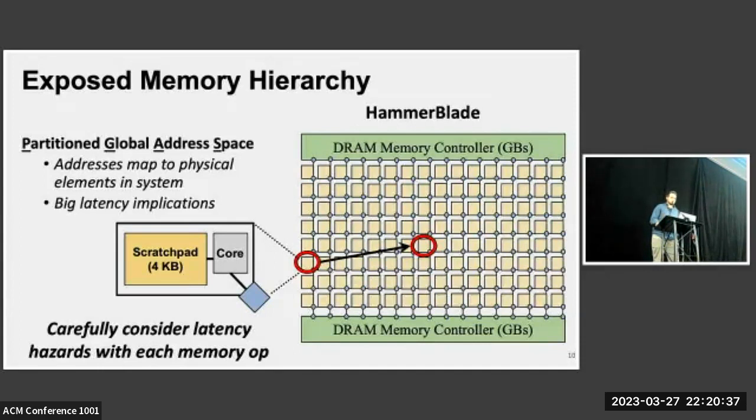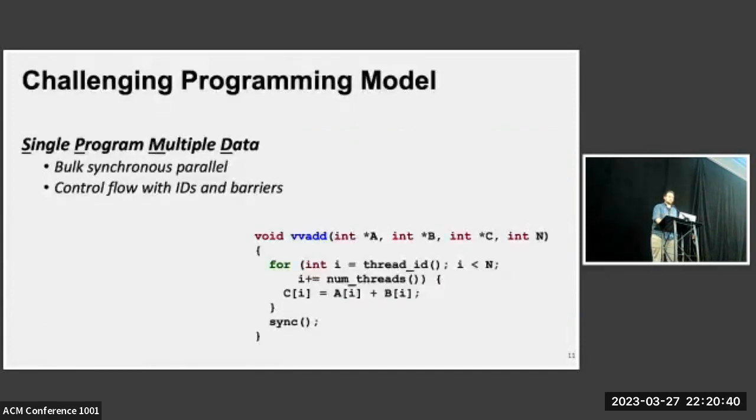Another thing that makes these systems very challenging to program is the programming model itself. The most common method for programming these massively parallel systems is single program multiple data, in which programs are expressed in terms of bulk synchronous parallel regions, and control flow is expressed using IDs and barriers, such as the example here shown for vector addition, where you have the thread ID and the sync call.